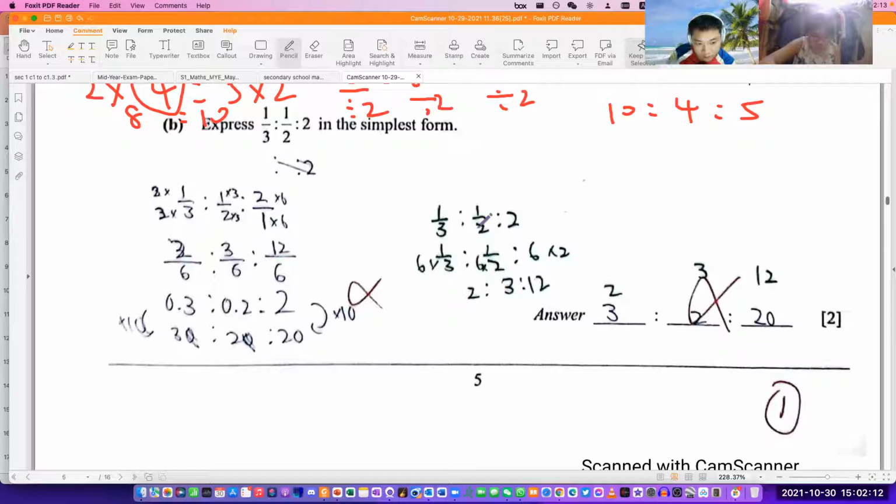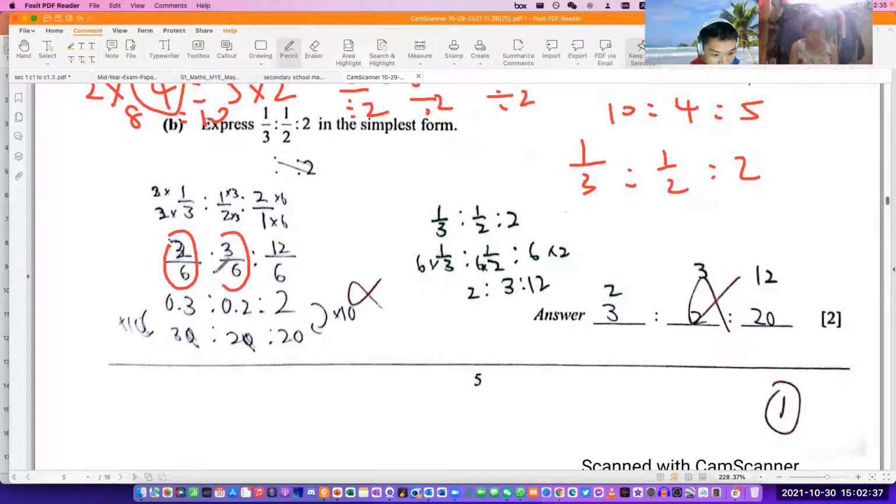This one, the simplest form is also easier. So how do you get simplest form? You change this to, what do you do? Okay, you are correct. This is 2 over 6. This is 3 over 6. This is 12 over 6. You are correct. Then what is this? Can you see 2 over 6, 3 over 6, and then 12 over 6?